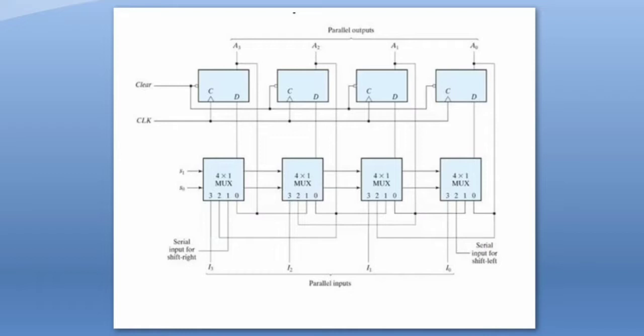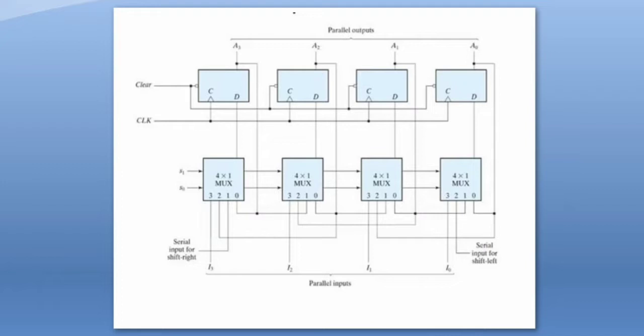The second D flip-flop output will be connected to the second multiplexer's 0th pin, and similarly the first D flip-flop output will be connected to the first multiplexer's 0th pin.